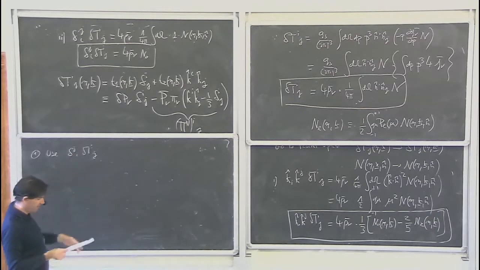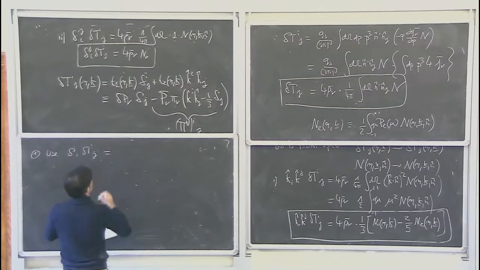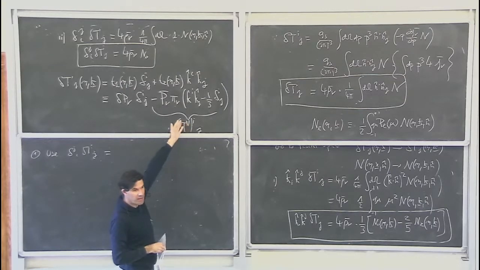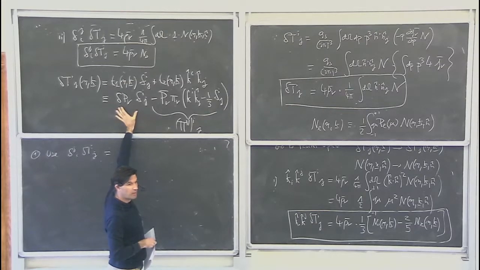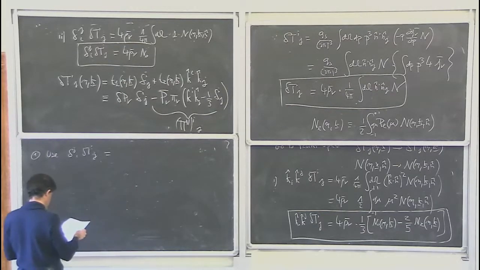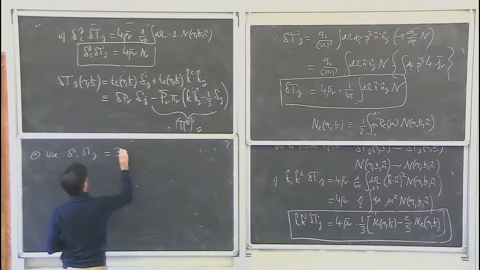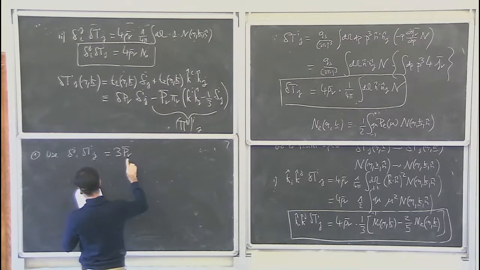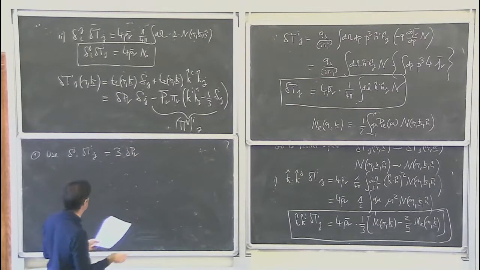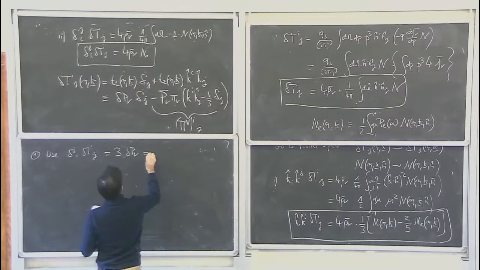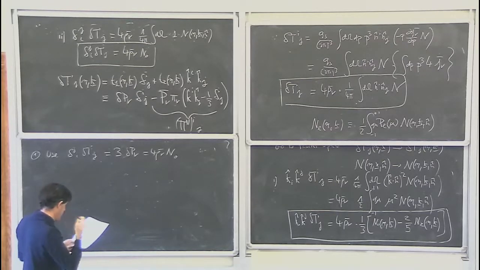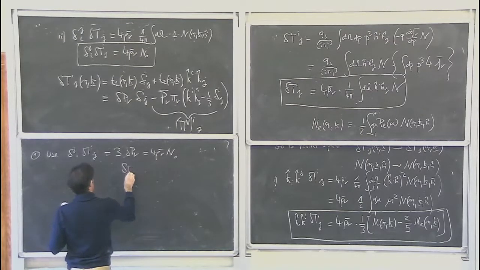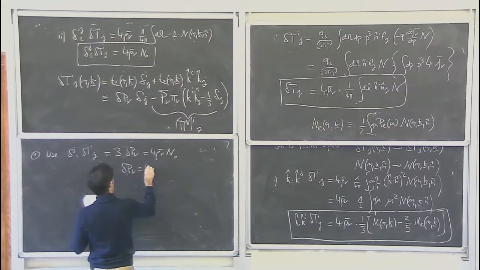I will take the trace, and then what do I find? Because this is anisotropic, that gives a zero trace. So the only contribution I get is the contribution from the isotropic pressure. But I take the trace, so there is a factor of 3 delta P nu. And I know that this should be equal to 4 rho bar nu times the monopole, because I did the calculation. What does this mean? It means then that delta P nu is 4/3.